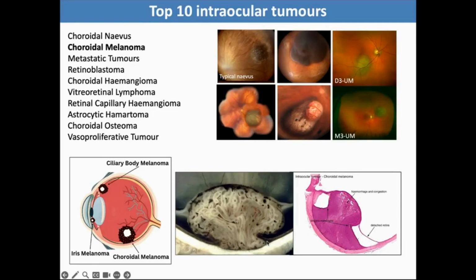So this is the macroscopic picture of a choroidal melanoma, and they are very vascular tumors. The choroid itself is very vascular, and consequently these tumors spread hematogenously. You can see that the retina here is detached, and this is the immediately adjacent choroid, and the white is the sclera.